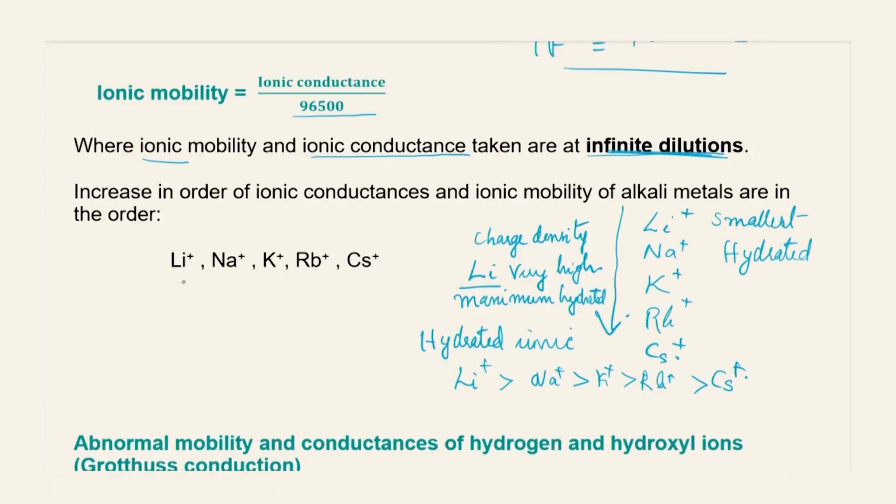When we compare the ionic conductances, who will have the greatest one? That which has the smallest size. So, among hydrated ions, cesium has the smallest size, and therefore the ionic conductance in the case of alkali metals increases in this direction.